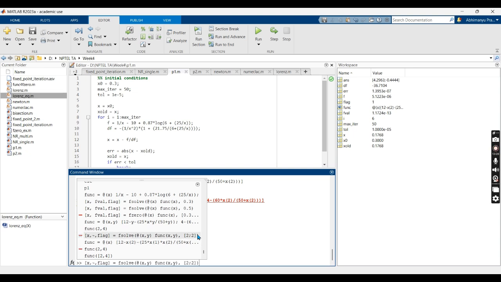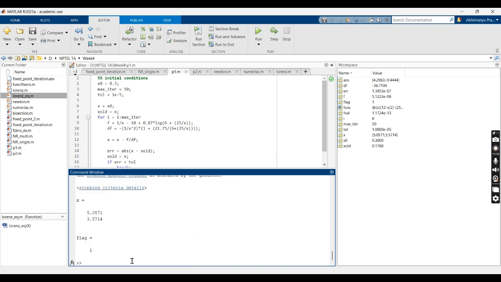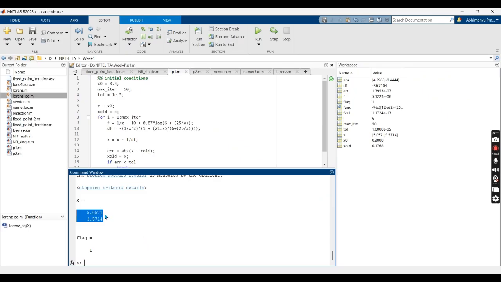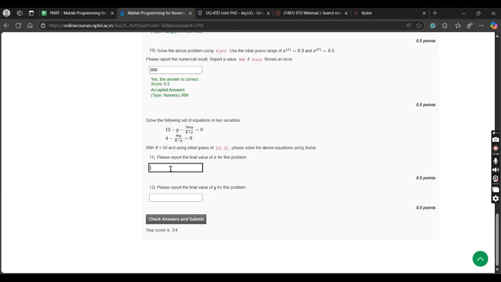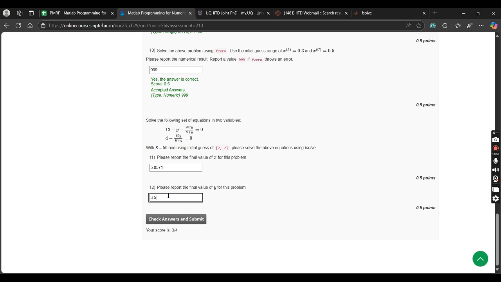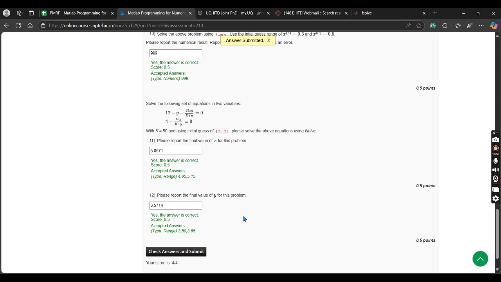So I'm getting the same result. Now let me change this. Yeah. So I'm getting a flag 1. That means the problem is solved correctly. So I need to output the value of x, that would be 5.0571, and this should be 3.5714. Yeah. So this is correct.